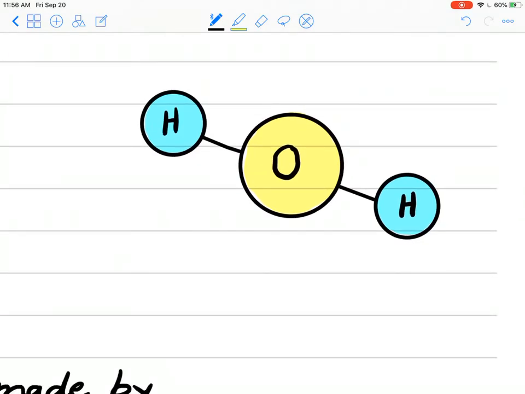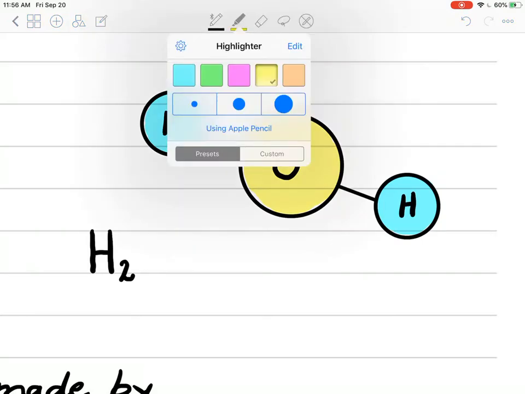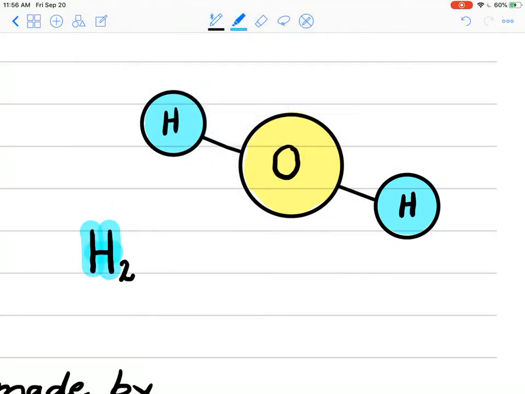How many hydrogens do you have? There's the symbol, and we have two of them, because remember, hydrogen I have colored in blue. How many oxygens do you have? You write a capital O. There's just one, so we do not put a 1 there. That's not proper. You just leave it alone. You've got one O.